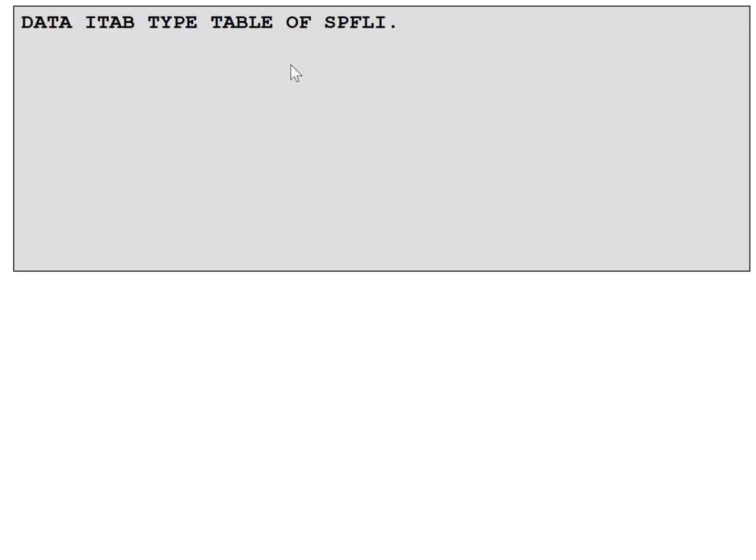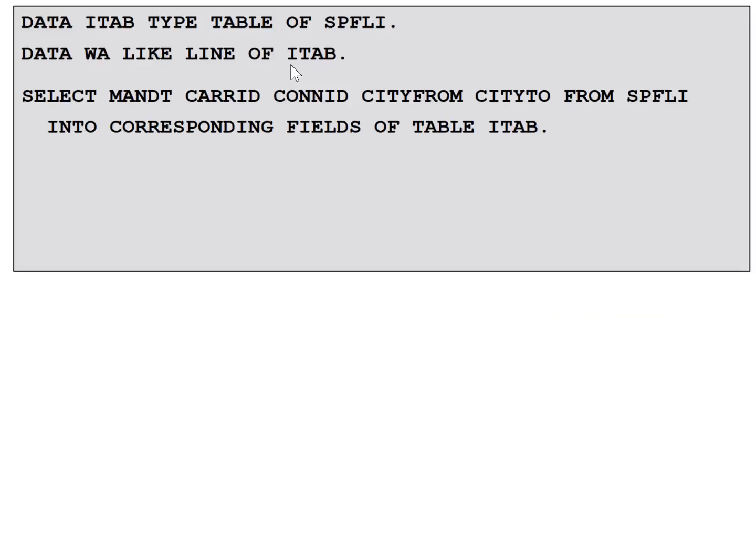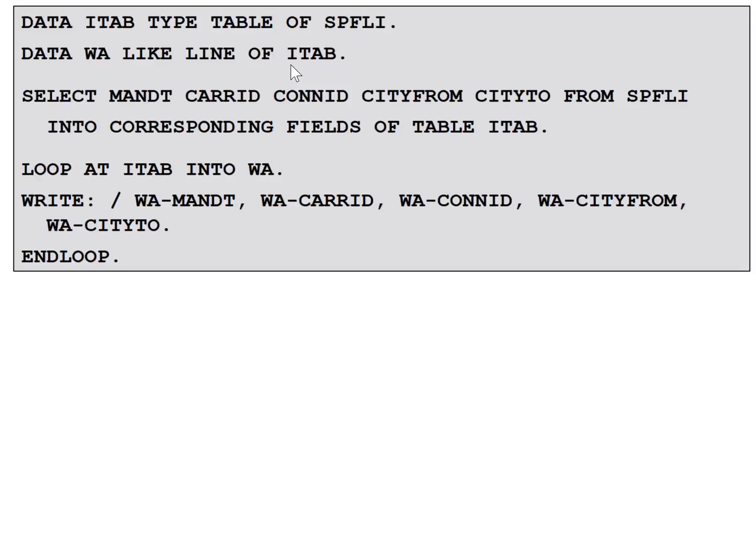So here's some example code. Data itab, type table of spfli. That's a data type that is in the database that is a structure capable of holding the fields that you see listed there. Data wa, like line of itab. Select connid, carrid, cityfrom, cityto.